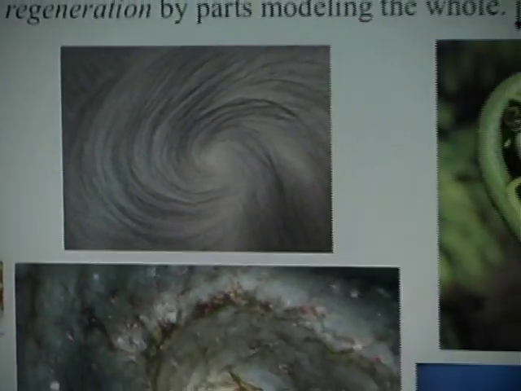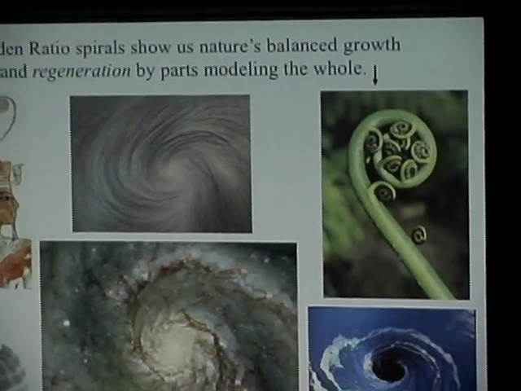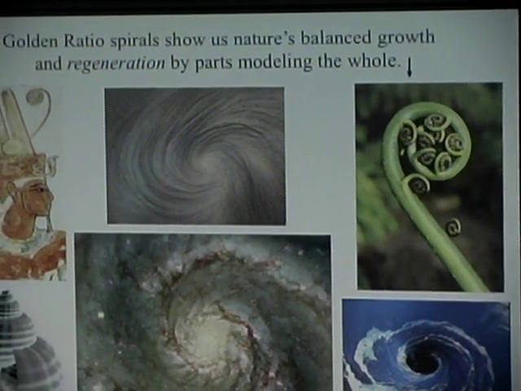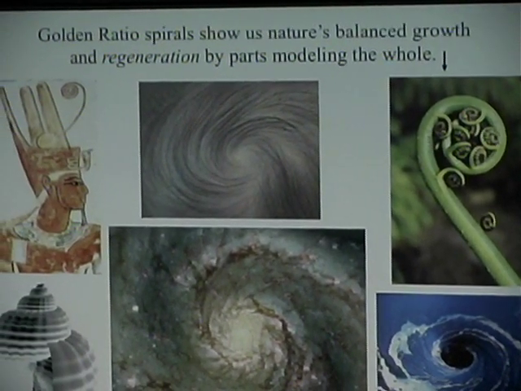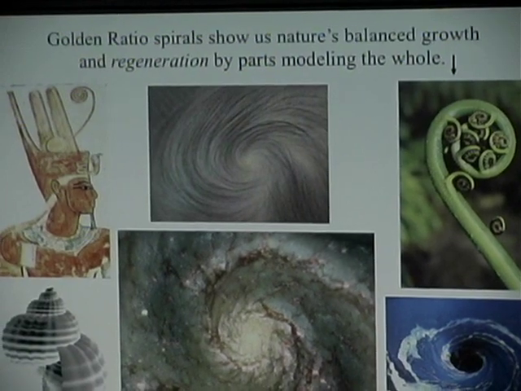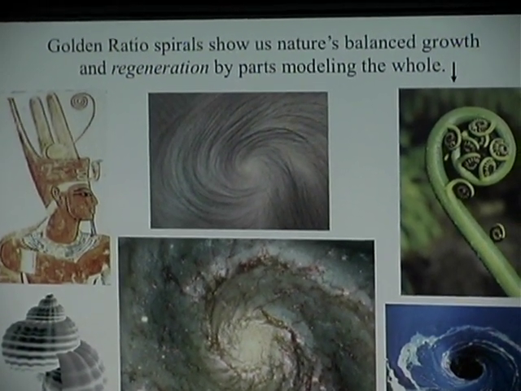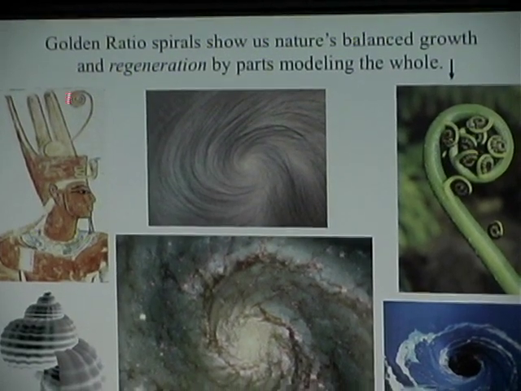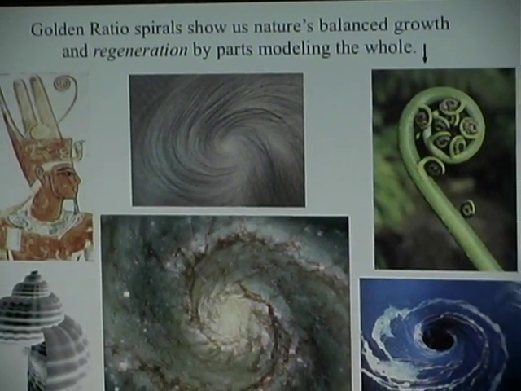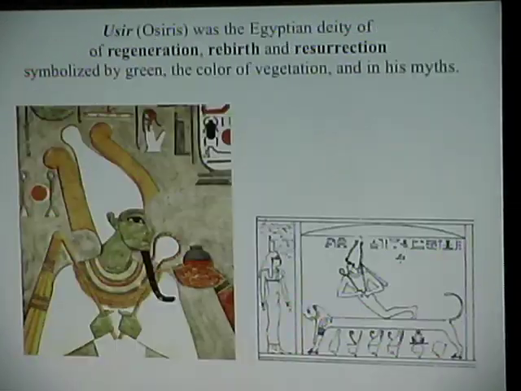From what I understand, I haven't really done any kind of survey, but from what I understand, the direction of the spiral shows whether the child is predominantly left-handed or right-handed, whether it spins this way or that way. And it even appears to a certain extent on this Egyptian crown.